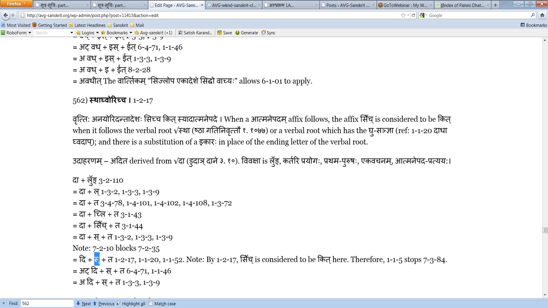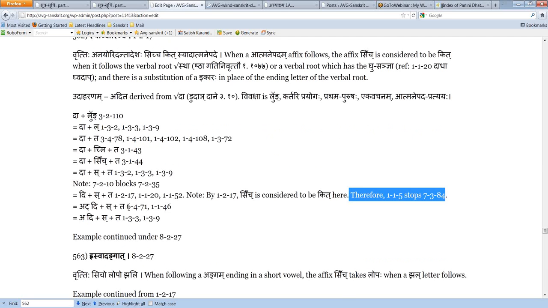By alontyasya, only the ending akara is replaced by ikaraha. And then because sich is a kit here, kniticha stops pugantalagupadasya, and then we add the adagama as usual, lung lung rung kshudadattaha, and then anubandha lopaha, we get a di sata.